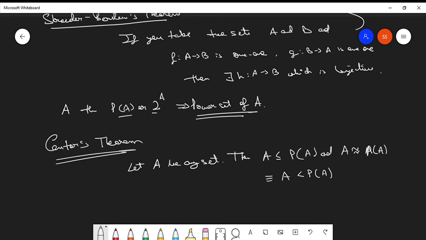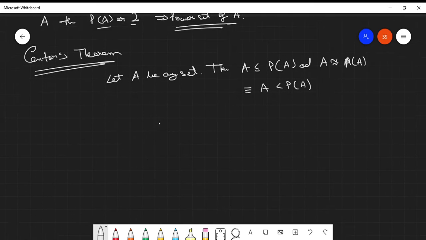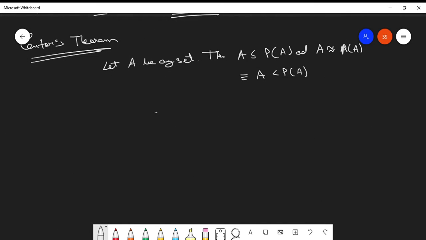Let's see the proof of this theorem. The proof is pretty easy. If A is an empty set, then its power set will contain the null set.